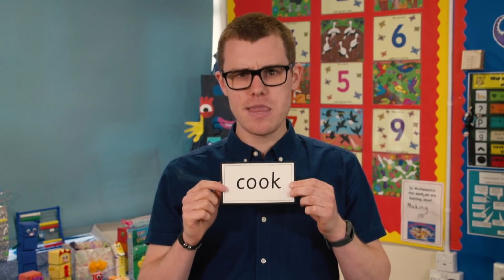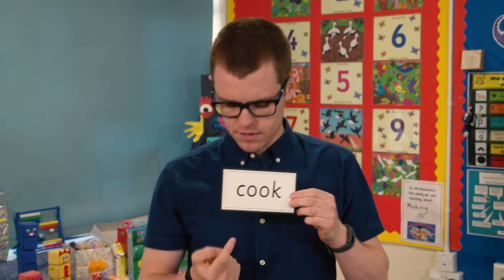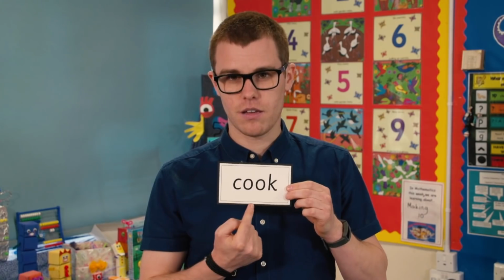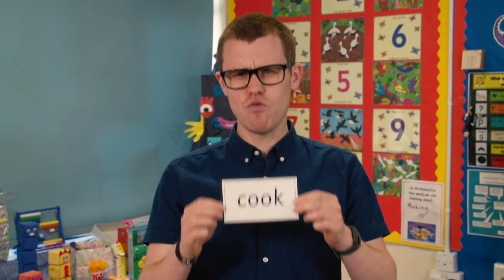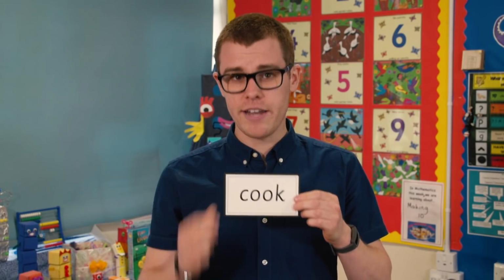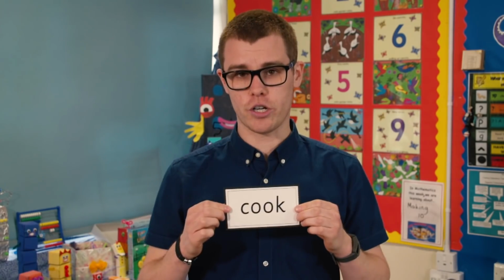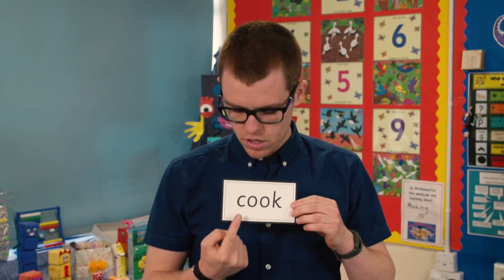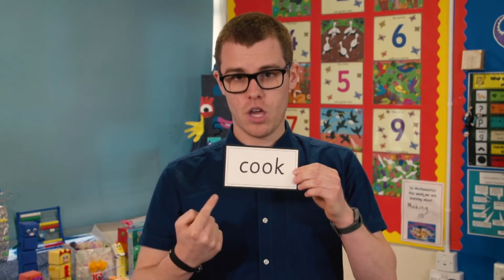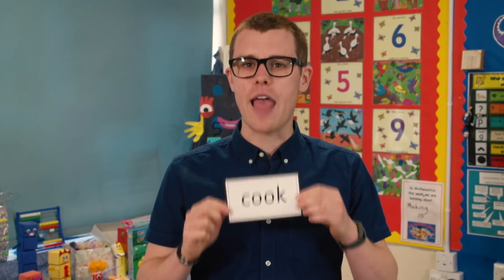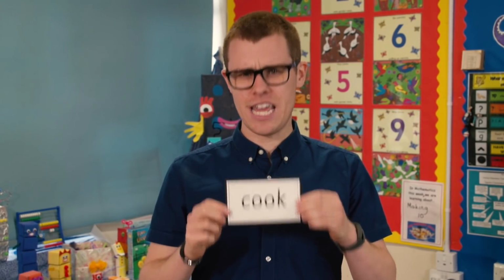Now blend the sounds and read the word. You're getting really good at this. That's right, the word is cook. Let's do it together. Cook. I like to cook a delicious meal.